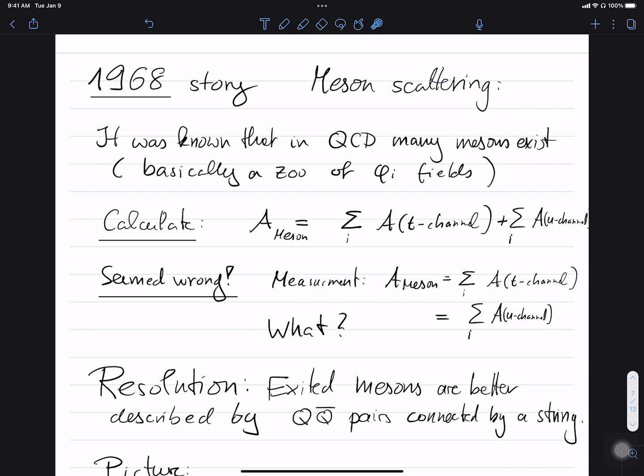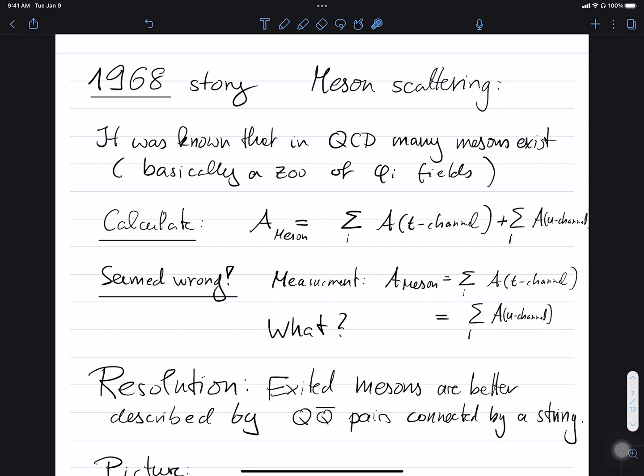But the bizarre thing they measured was that the scattering amplitude that described experiments was the sum over the T-channel diagrams only, which was surprisingly exactly equal to the sum of the U-channel diagrams only, not their total sum and then taking the square, right?